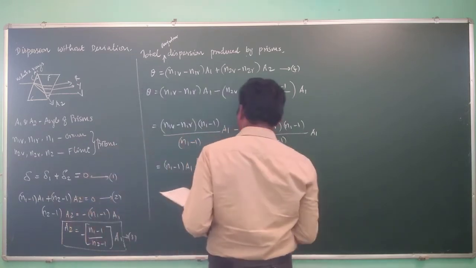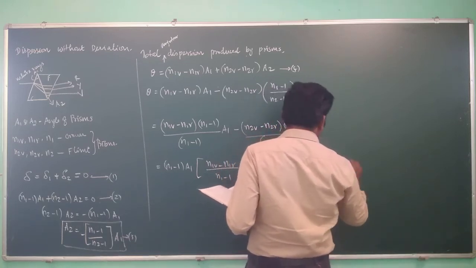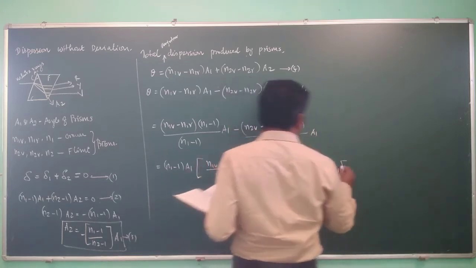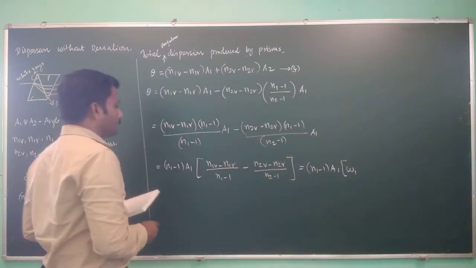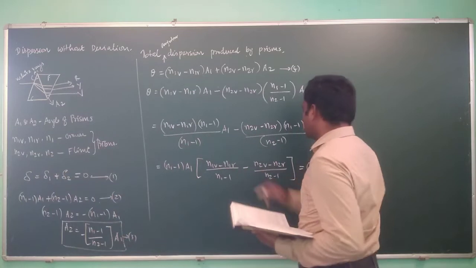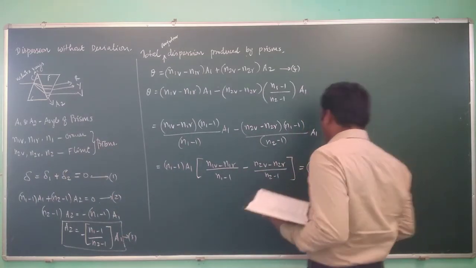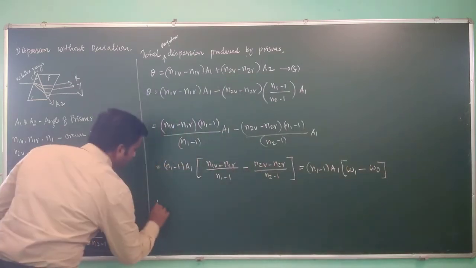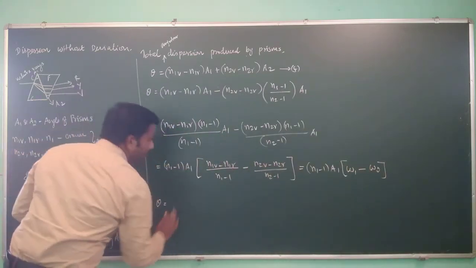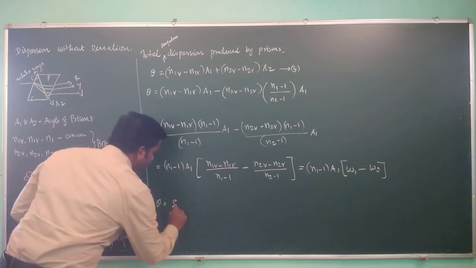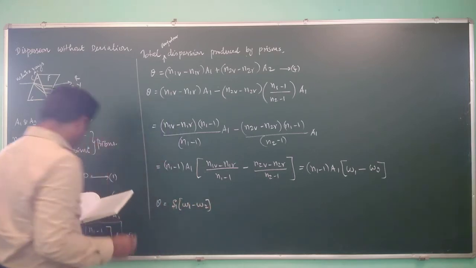So this becomes n1 minus 1 into a1, and this is omega 1, the dispersive power, and this is the equation for omega 2. So theta is equal to delta 1, since n1 minus 1 into a1 is nothing but delta 1, multiplied by omega 1 minus omega 2.